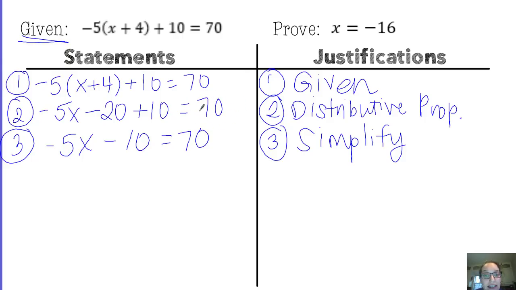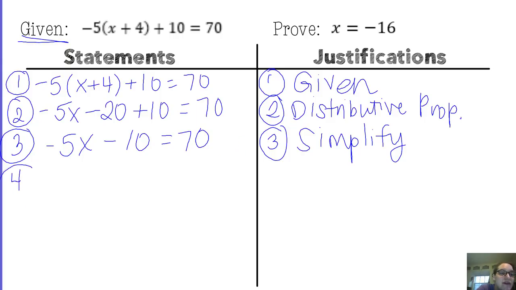And notice, my right side in the second step was 70, and my right side in the third step was also still 70. I didn't add anything to the right side of my equation. And since I'm not adding something to both sides of the equation, it's not the addition property. All I did was combine like terms, which is simplify.